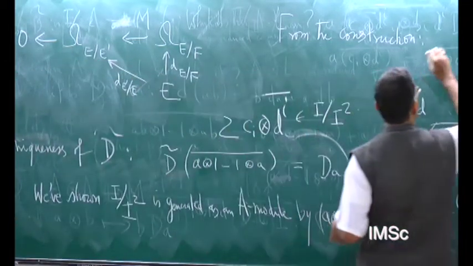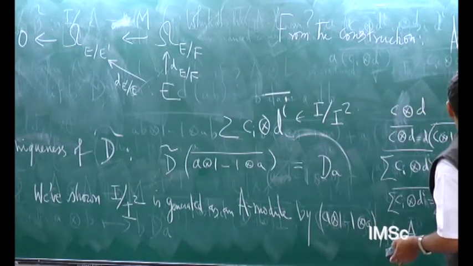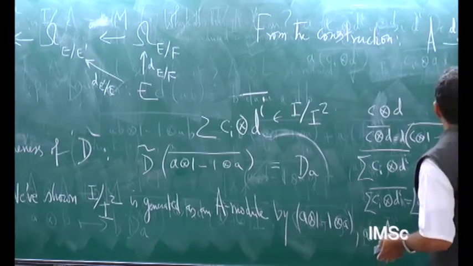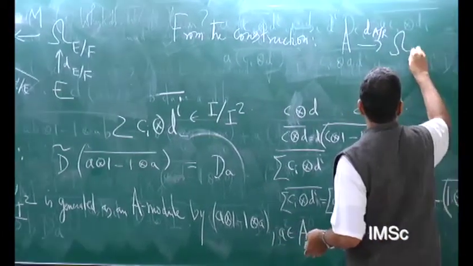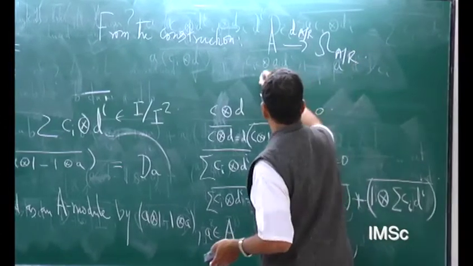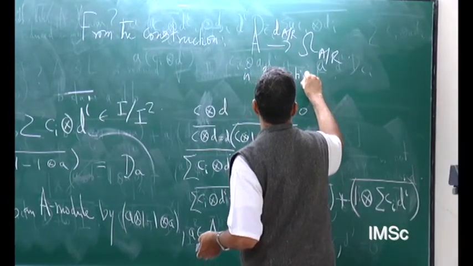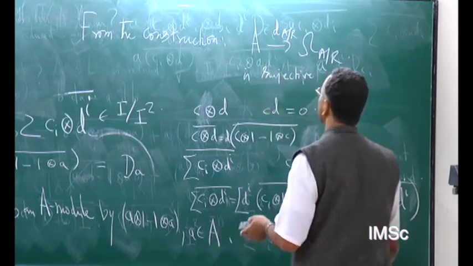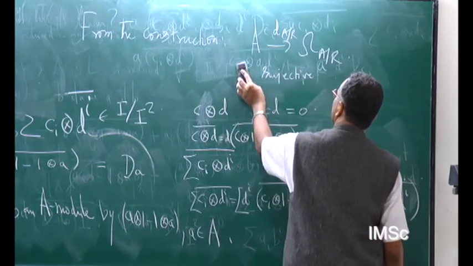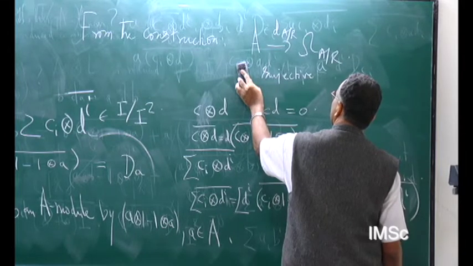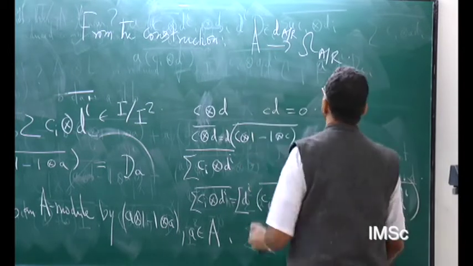From the construction, what we know is that if I have A, d A R is surjective. What do I mean by that?